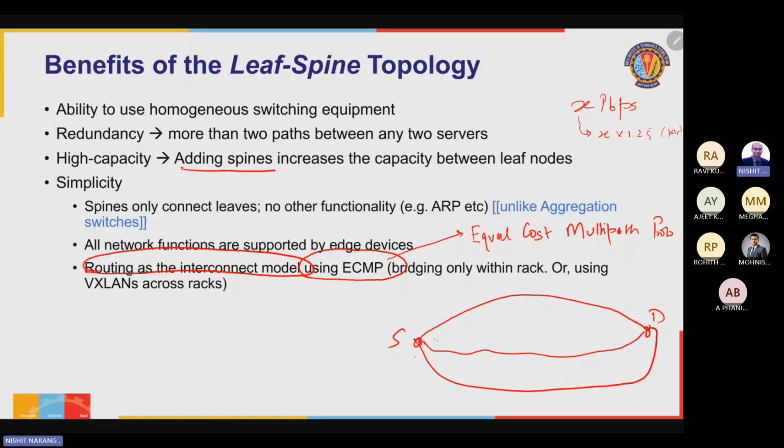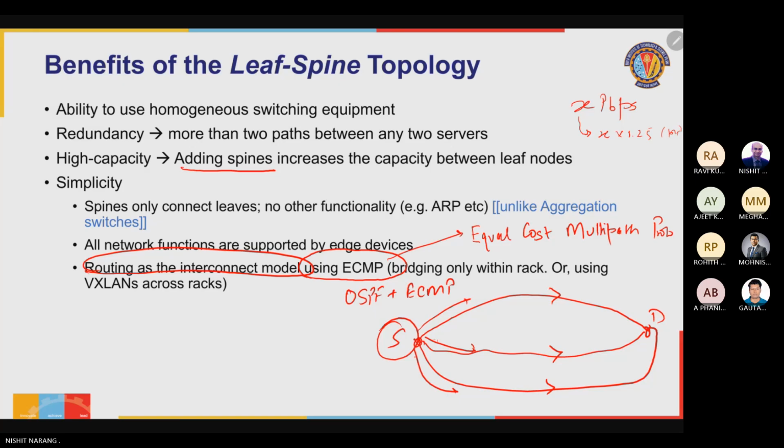But when OSPF is used in conjunction with ECMP, Equal Cost Multipath Protocol, ECMP will make sure that if there are multiple equal cost paths from source to destination, then the traffic generated from the source gets load distributed across these paths. That's what ECMP as a protocol does.